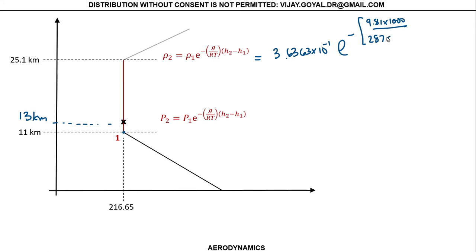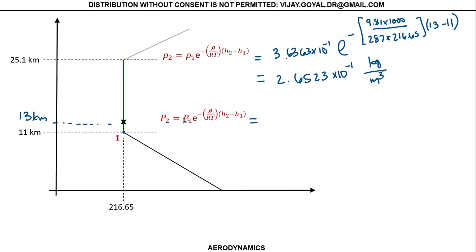And the temperature at that location was 216.65, multiplied by your delta, which is 13 minus 11. So your rho at 13 will be 2.6523 × 10^-1 kilograms per meter cubed.